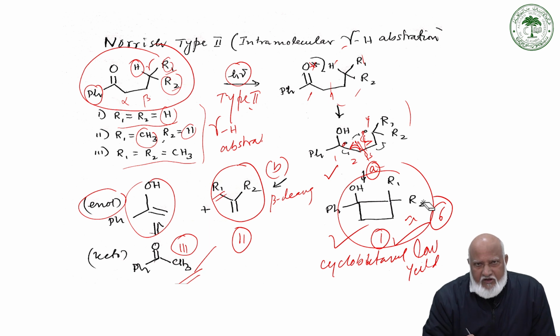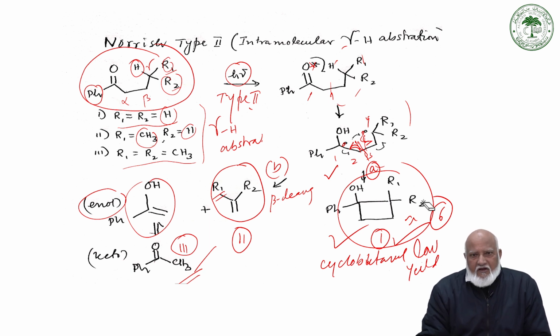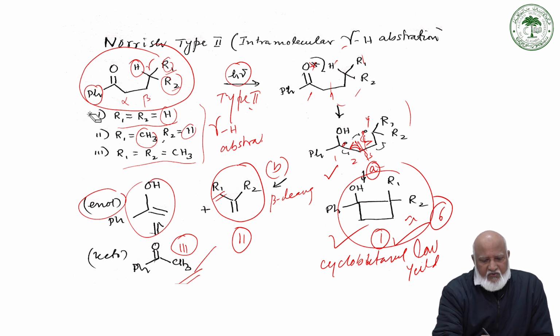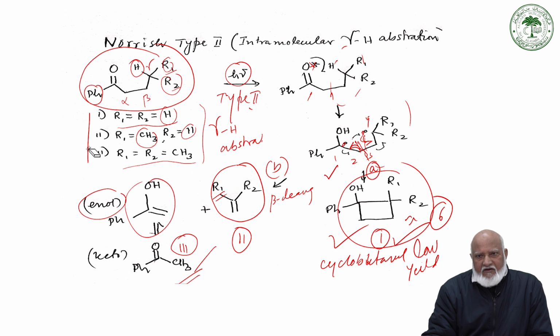In solution photochemistry, when we do the photolysis of this aliphatic ketone in the presence of light, in any common solvent like benzene, toluene, cyclohexane, or acetonitrile, these three products are formed. The cyclobutanol is formed in very low yield, and it is the most important product in this reaction.